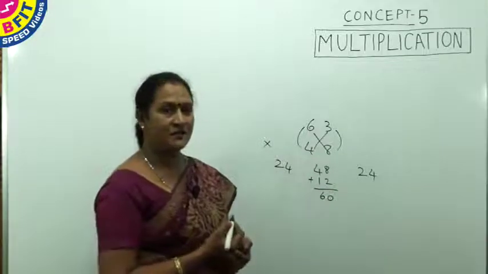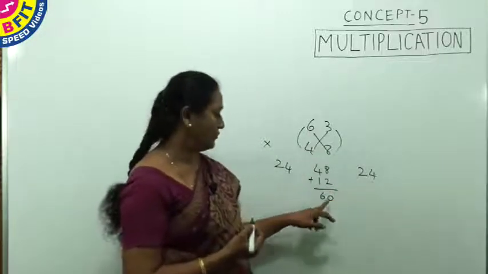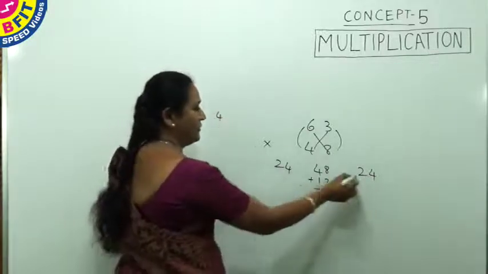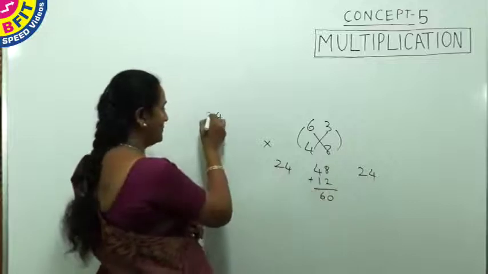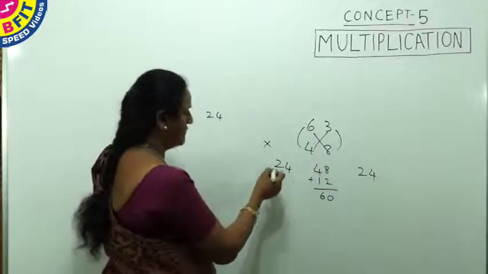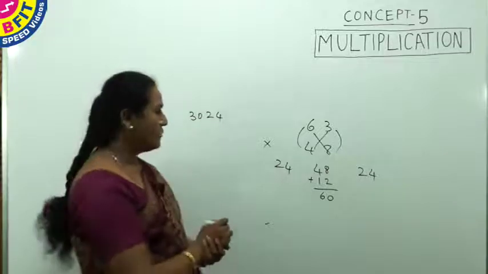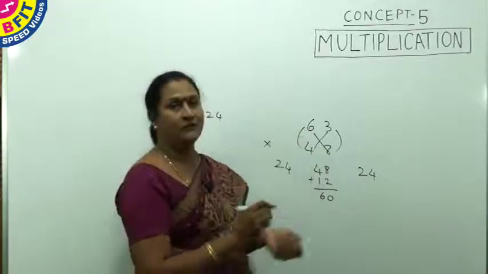So now what is the answer? It is 4, 2, 30. Or it is 4. So 2 added with 0, it is 2. So 6 added with 24, it is 30. So 3024 is the product of 63 and 48.